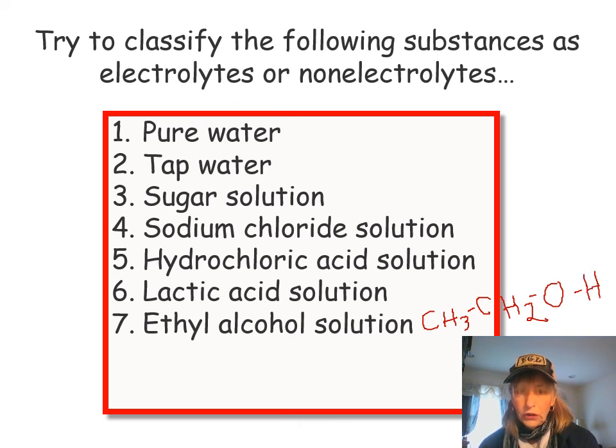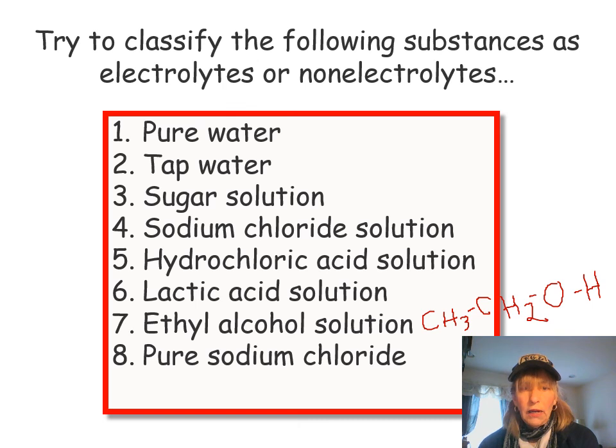So now that you have that, you're going to be able to tell what it is. Is it molecular? Is it ionic? You need a little bit of that information. And how about a pure sodium chloride? Pure sodium chloride would be solid sodium chloride. That's what we're talking about here.